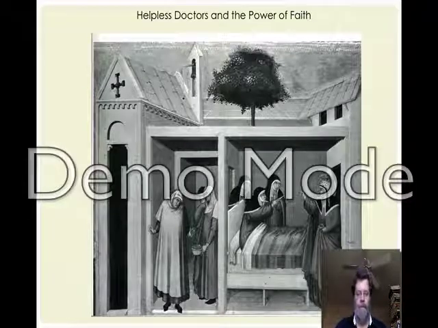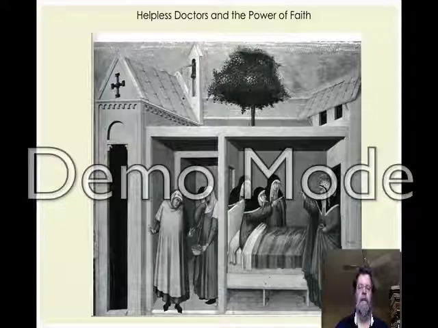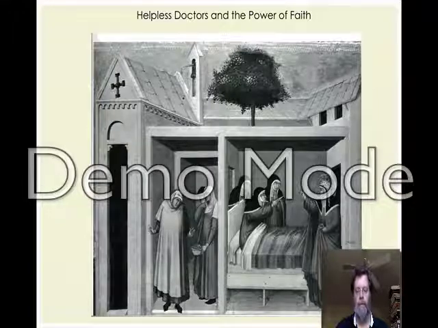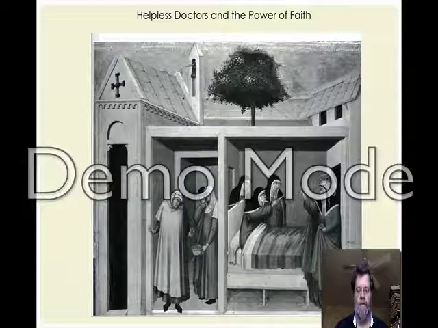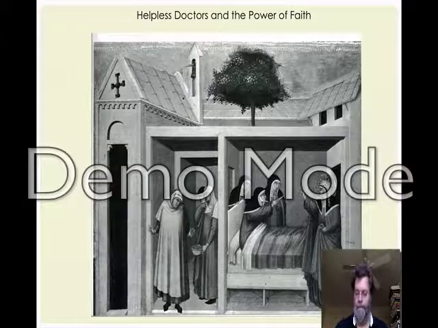Now, here you see basically an illustration that captures what happened over the next roughly 1,000 years, helpless doctors and the power of faith. It sets up a dichotomy between what can be done through medical intervention, or what can be done through the role of faith.